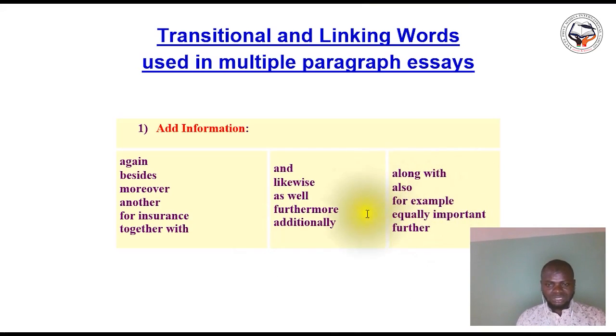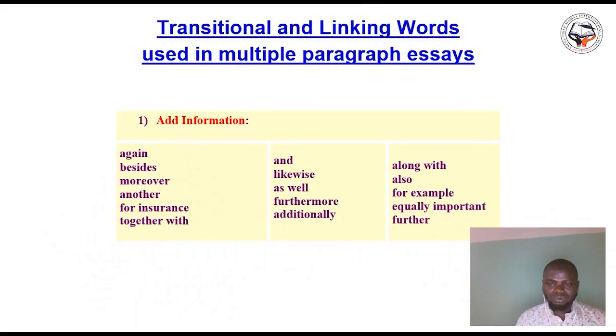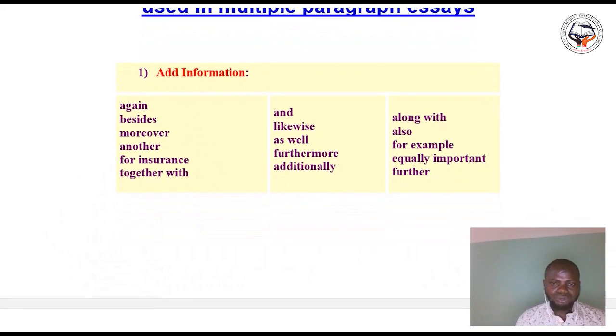Here what you have to notice is that I didn't write some examples of use, but you can use them when you are adding information. I'm sure that from what we saw last time, you know how to use these in sentences. Now it is up to you to use them in examples when you are writing your paragraph essays.